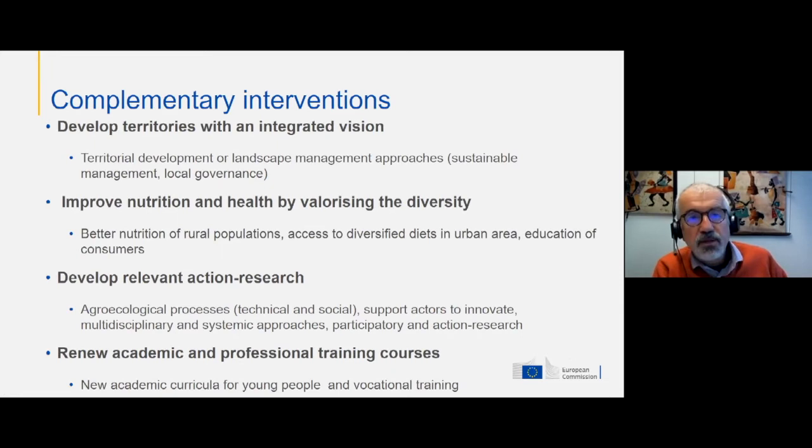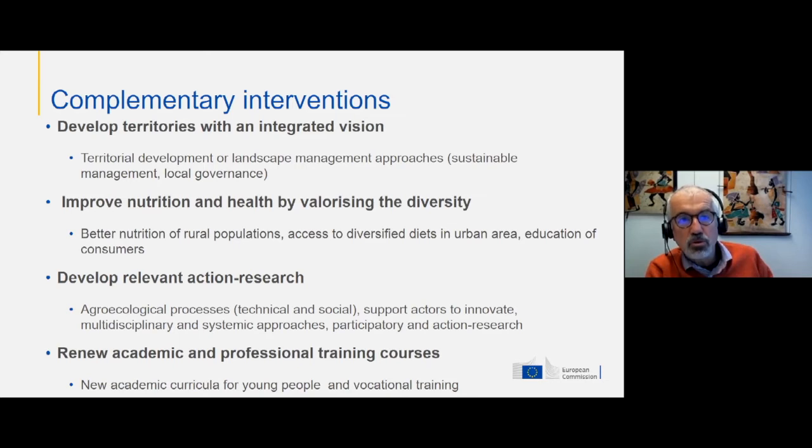We've also identified actions that we consider as complementary. The ones I've presented before are absolutely necessary if you want to develop agroecology at a large scale. But we can also add to that complementary interventions in function of the countries and the priorities.